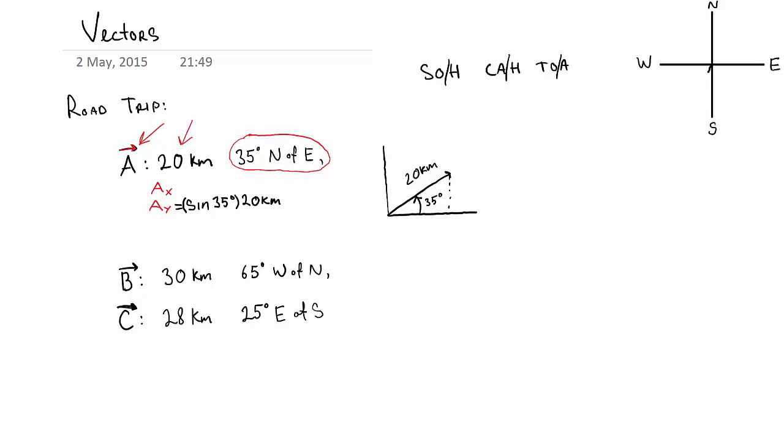Also, adjacent, which is this part right here, is going to be our x component. So this is going to be cosine 35 degrees times 20 kilometers.